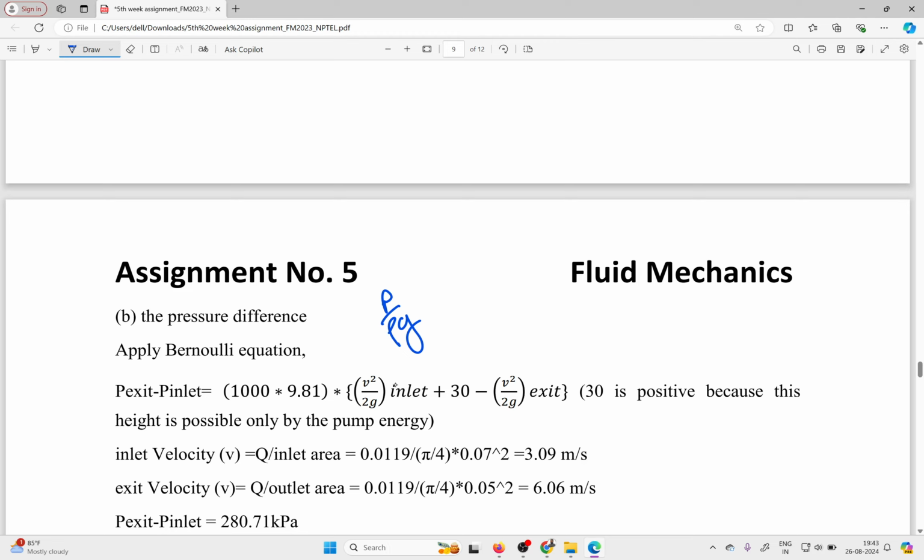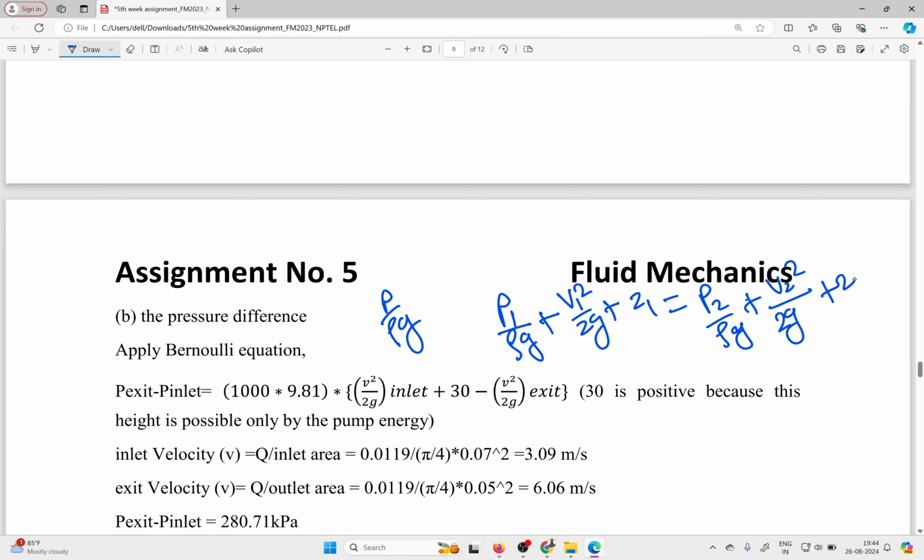Now V2, let me write, then you can very easily understand. P1 by rho g plus V1 square by 2g plus Z1 equal to P2 by rho g plus V2 square by 2g plus Z2. If you consider the datum at level 1, Z1 will be 0 and the Z2 value will be there.